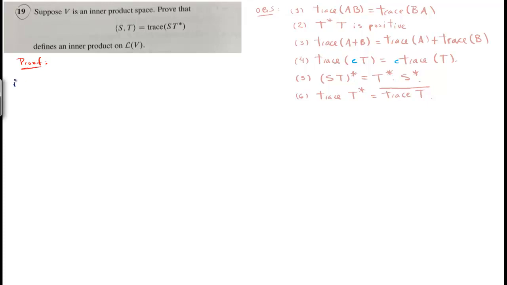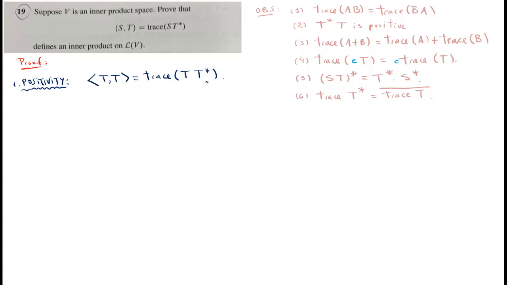First property, the positivity. Let the inner product of T with T be equal, by definition, to the trace of T times T adjoint.